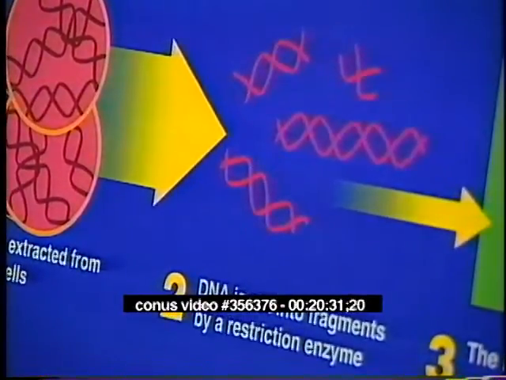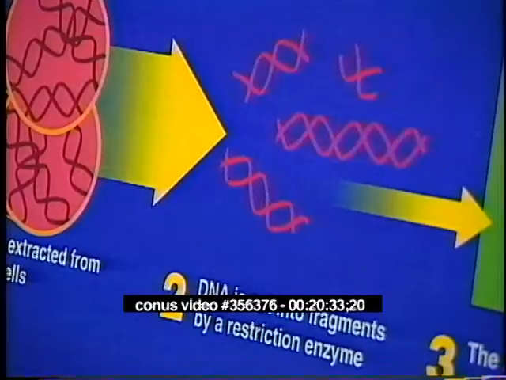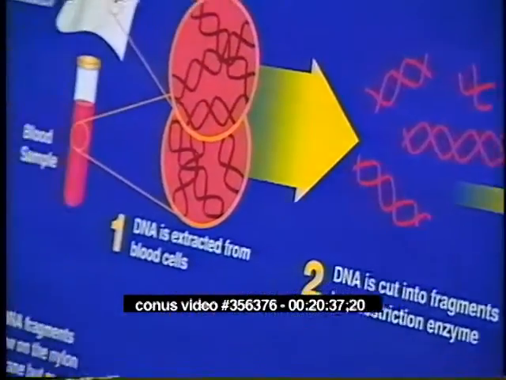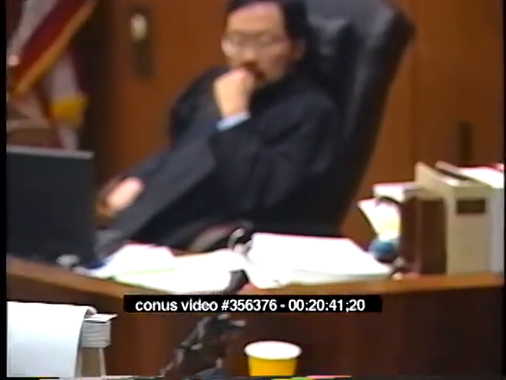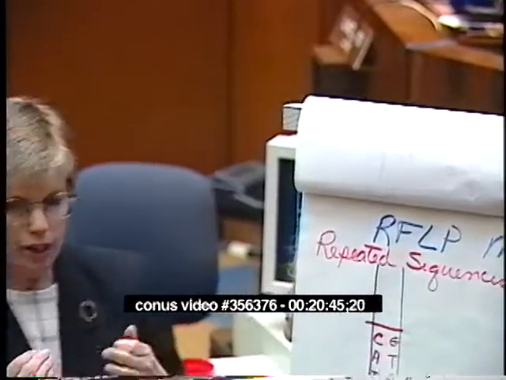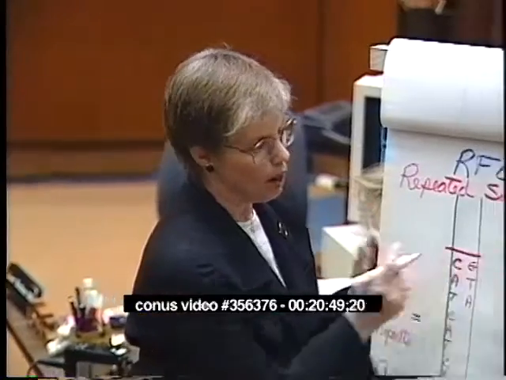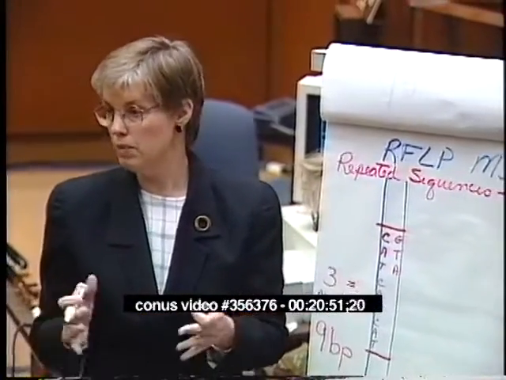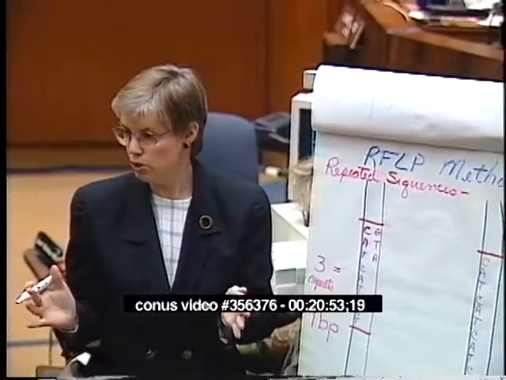And these enzymes have the characteristic that they can locate a specific short set of base pairs. Experimentally, it's predetermined. There are many restriction enzymes, over 100 different restriction enzymes.